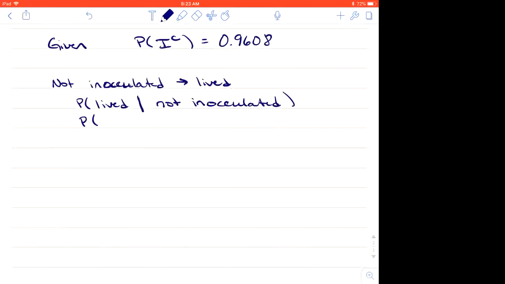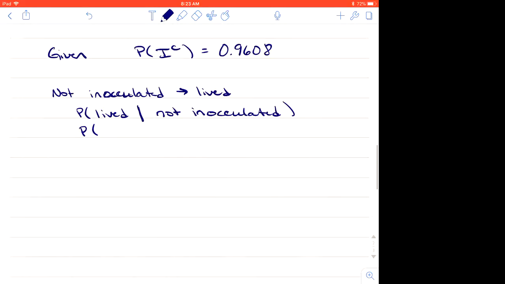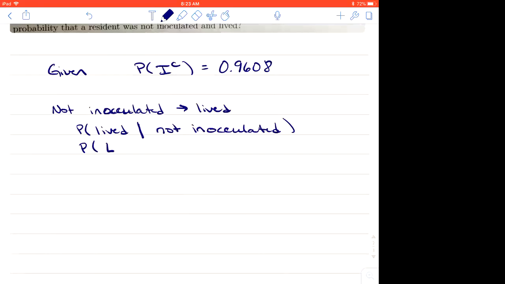Or in shorthand, we can say the probability that they lived given the complement of I, and we're told that that's 0.8588, right, or 85.88%.